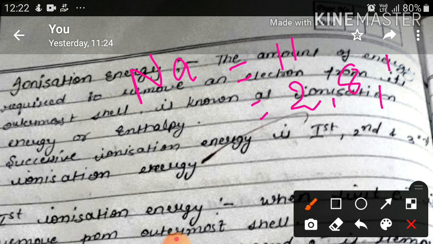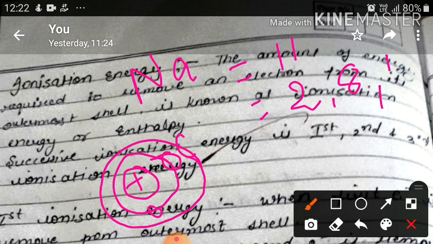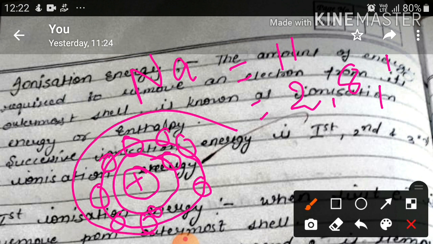So here the distribution of electrons in the shells: this is the nucleus, this is the first shell in which 2 electrons are present, this is the second shell in which 8 electrons are present, and this is the last shell in which 1 electron is present.